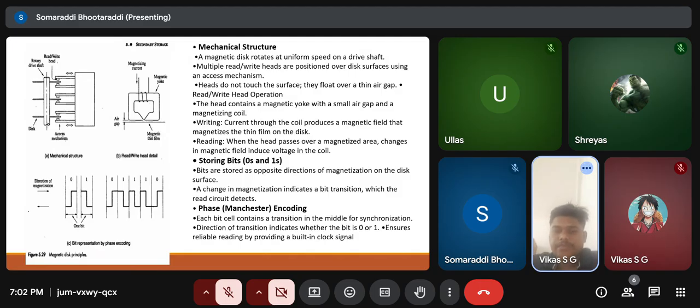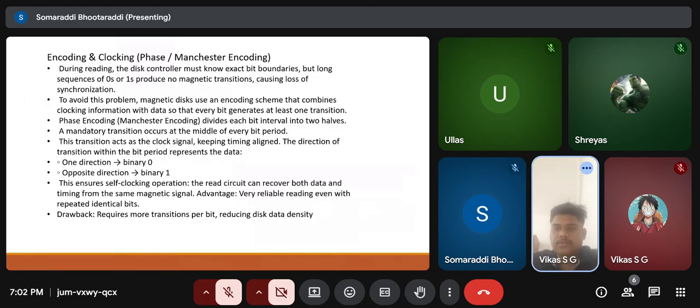Next slide is encoding and clocking. During reading, the disk controller must know the exact boundaries of each bit, but if there are many repeated zeros or ones, there may be no transitions, leading to loss of synchronization.